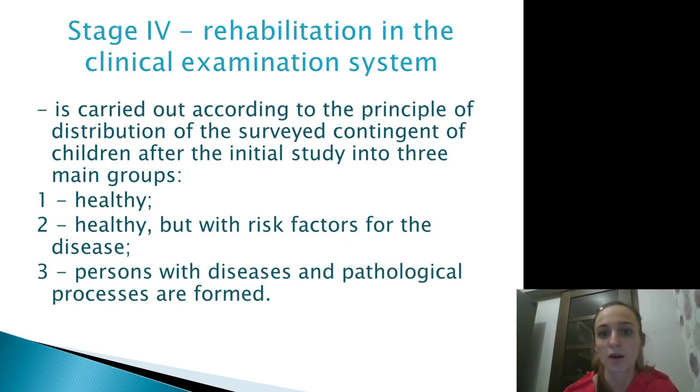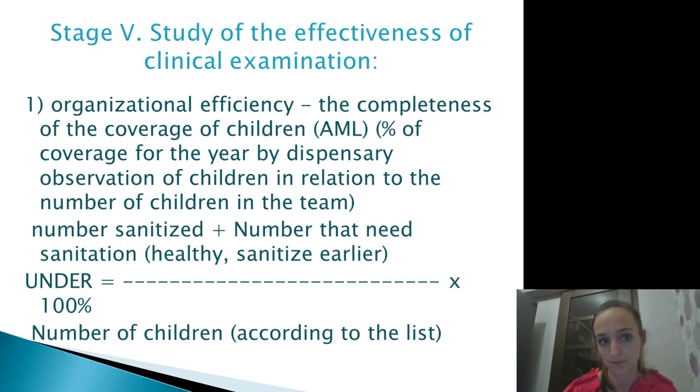Stage 4, rehabilitation in the clinical examination system, is carried out according to the principle of distribution of the surveyed contingent of children after the initial study into 3 main groups. First healthy, second healthy but with some risk factors for the disease, and third it is persons with diseases and pathological process. Stage 5, study of the effectiveness of clinical examination.